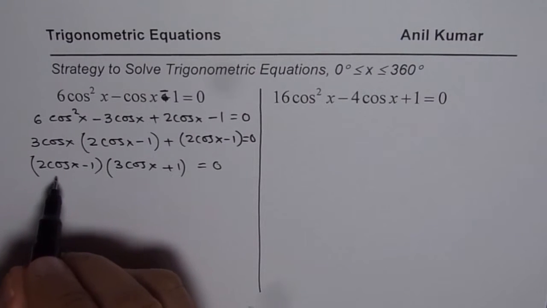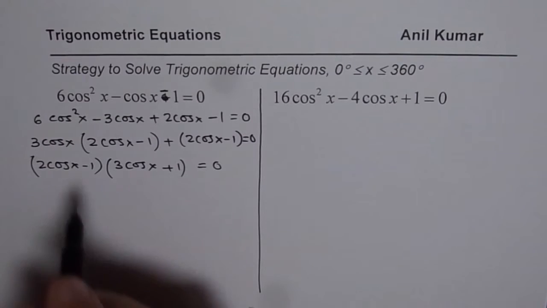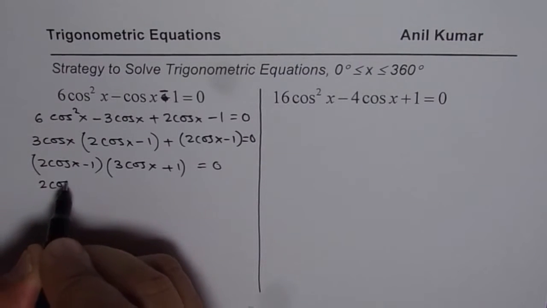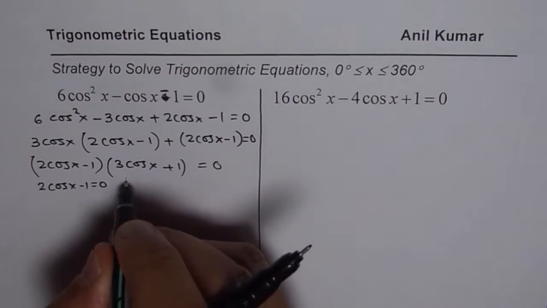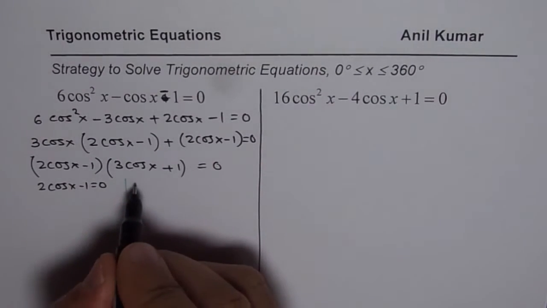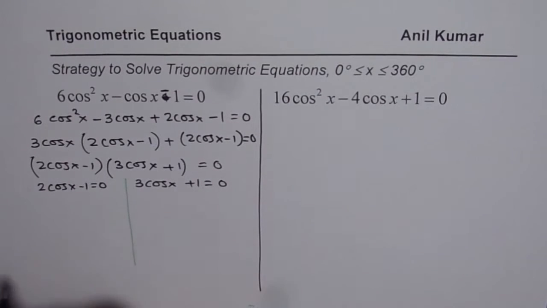So that gives us two sets of solutions. The first one here is for 2 cos x minus 1 equals to 0. The other one we could solve for 3 cos x plus 1 equals to 0, right?